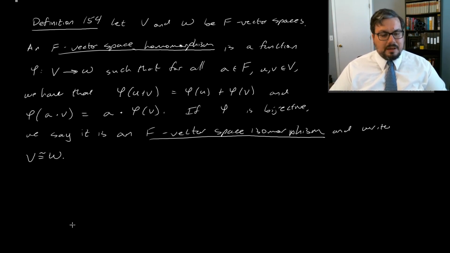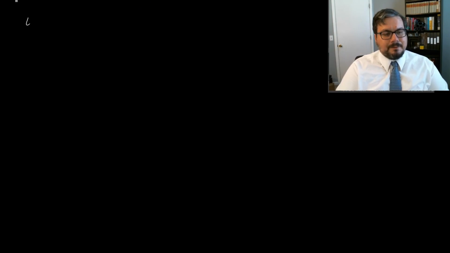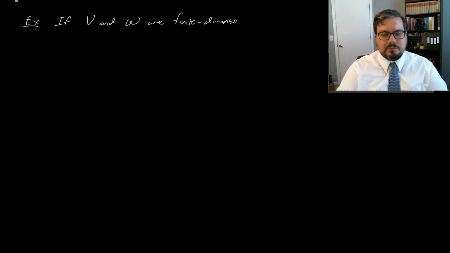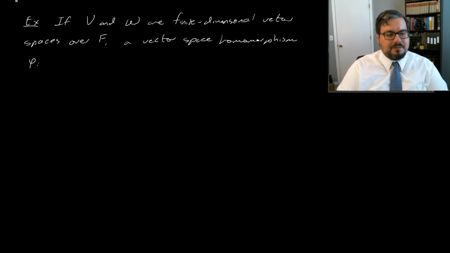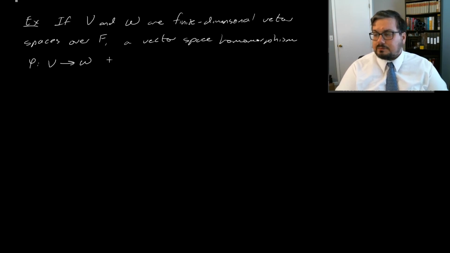All right, so let's see an example, a fairly abstract example. If V and W are finite dimensional vector spaces over a field F, a vector space homomorphism phi from V to W can be represented using a matrix.